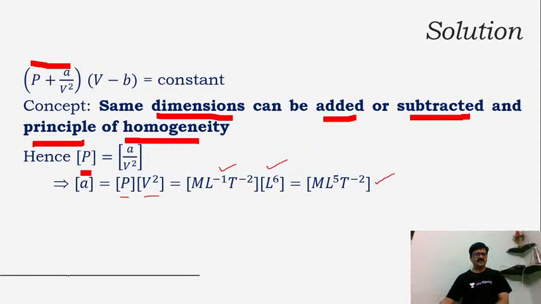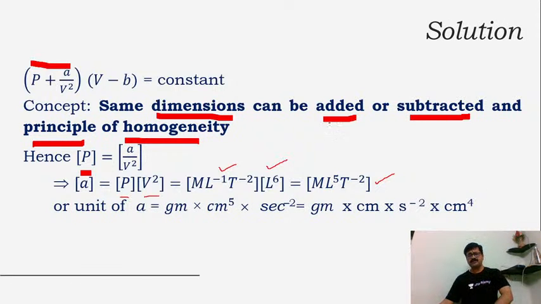Okay, so once I have obtained this, the unit can be written now as gram centimeter to the power 5 per second square. Right? So here I'll convert this first part into gram centimeter per second square, and another centimeter to the power 4, I'm writing it outside here.